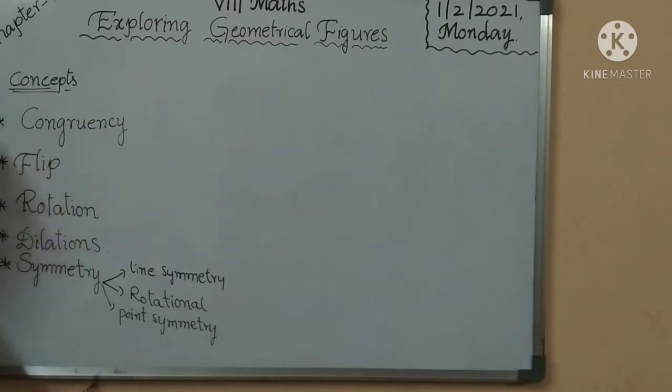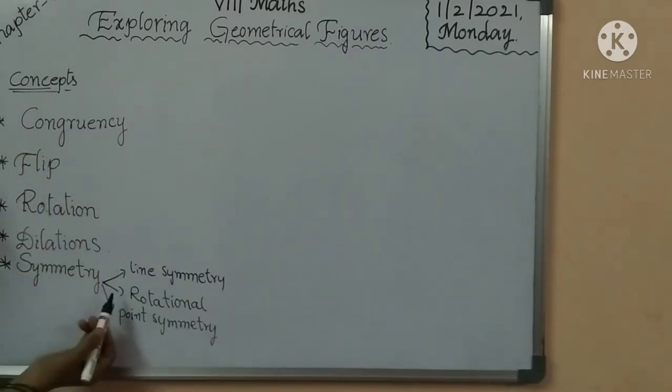Symmetry is divided into 3 parts: line symmetry, rotational symmetry, and point symmetry.